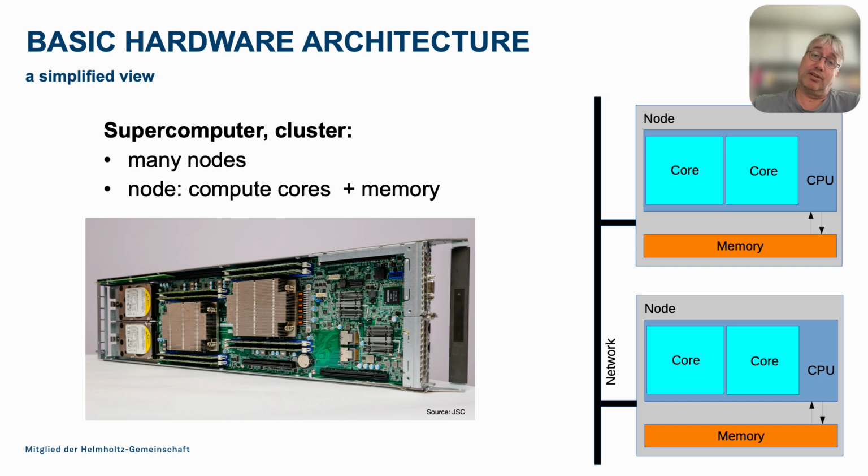Each of these units is connected to all the other units by some kind of network, which might be very fast or might not be so fast. But that's the basic situation. So in contrast to what we had before, we now have different compute units, these CPUs with many cores, which access their own memory, right? They don't share the same memory anymore, but each of these nodes has its own memory, which it can access and use.